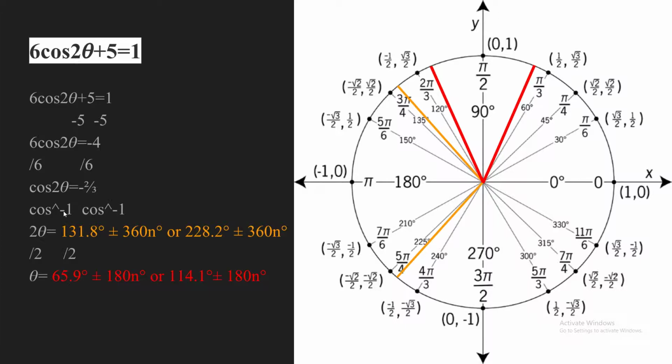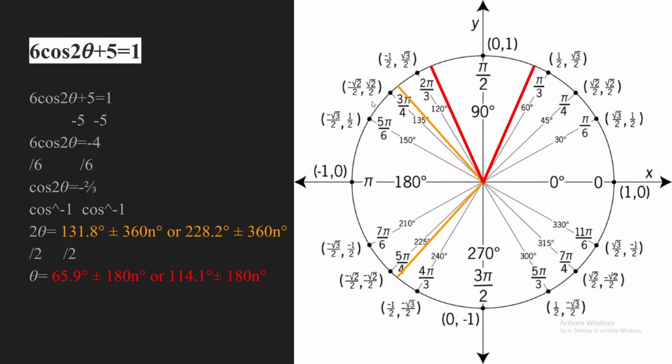So we do cosine inverse of negative 2/3, and out pops 131.8 degrees. So this is a very strange, weird number, and instead of finding the reference angle for it, I just subtracted it from 360 to get 228.2.